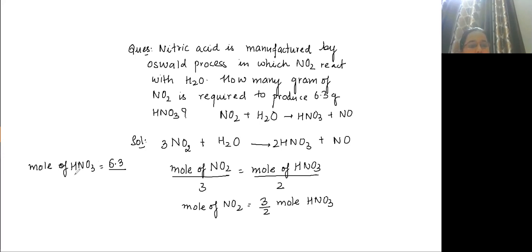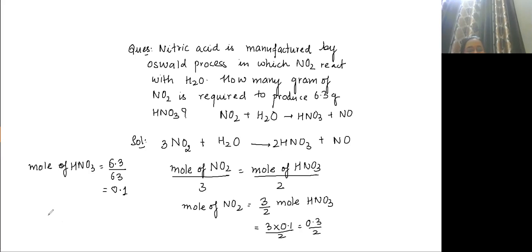And what is the molecular weight of HNO3? Remaining everyone is giving incorrect answers. 63. So what is the mole that comes out? Moles comes out as 0.1. So what is the moles of NO2? Mole is 0.3 by 2.